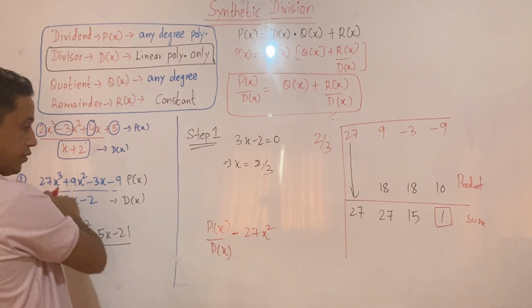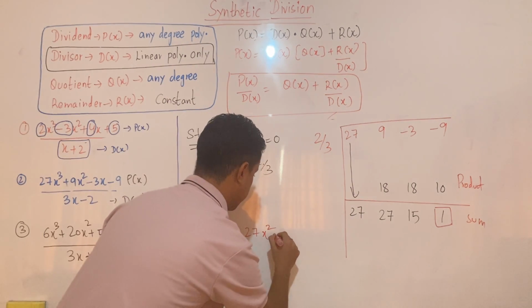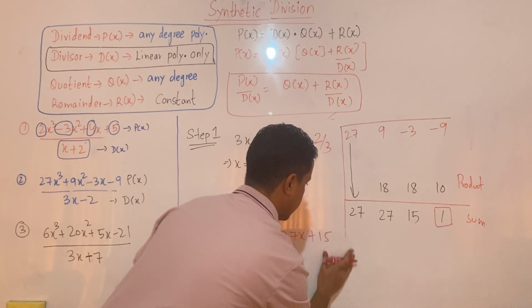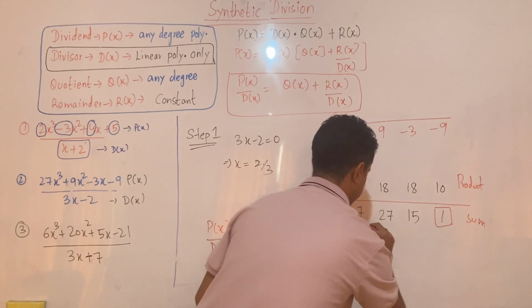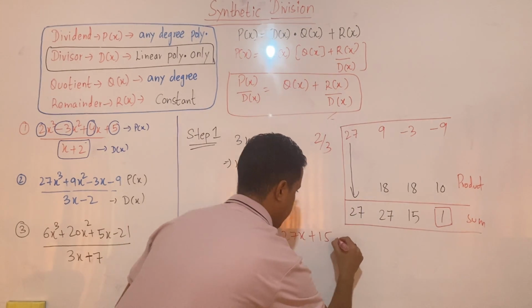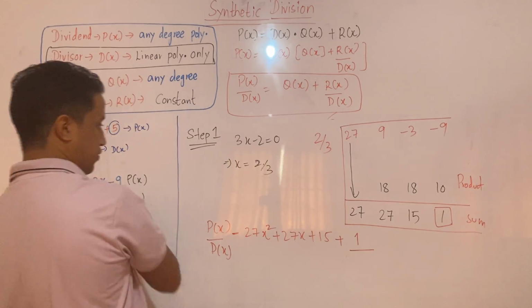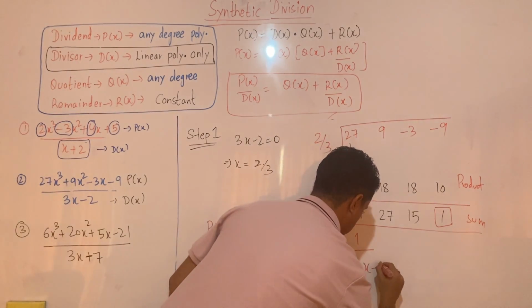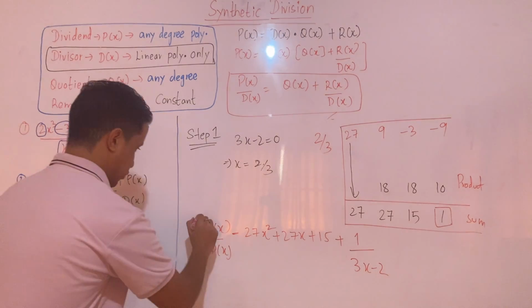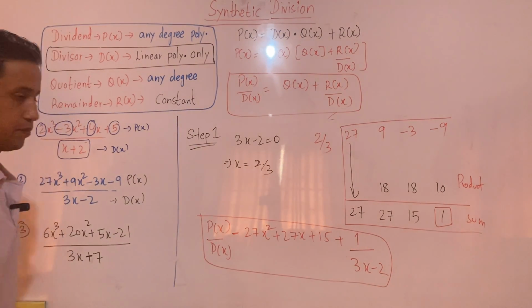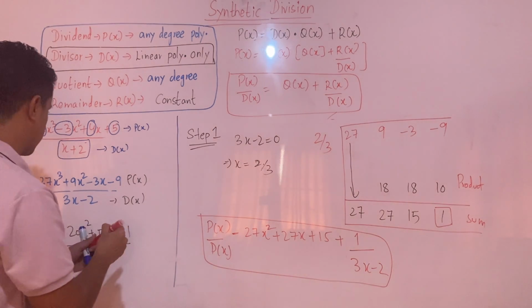So 27x squared plus 27x plus 15, and here the remainder 1 divided by 3x minus 2. So this is going to be your answer, right? You can check your answer.